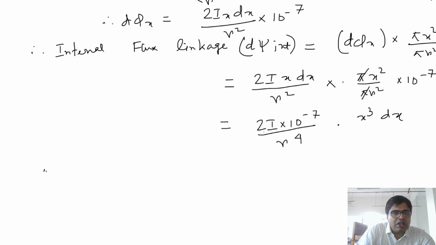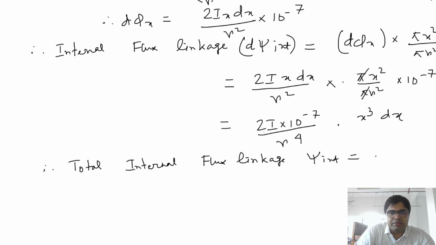So total internal flux linkage. Now we should integrate this expression 2I into 10 to the power minus 7 by r to the power 4, integration x from 0 to conductor radius r, x cube dx.